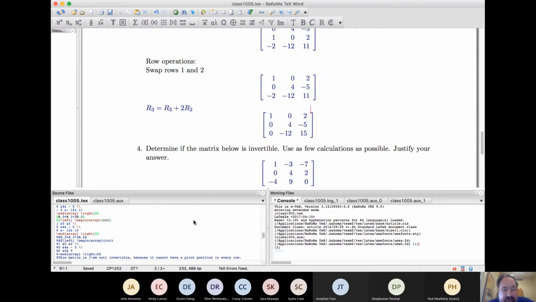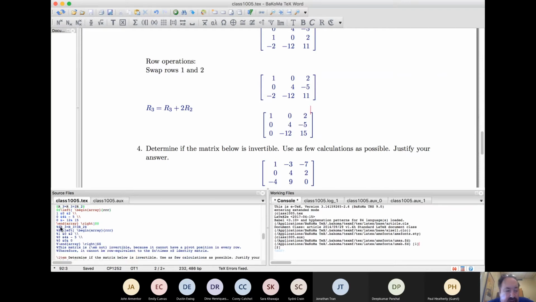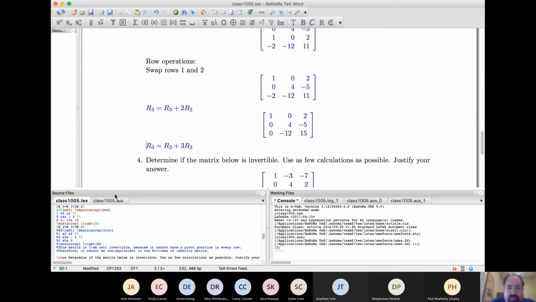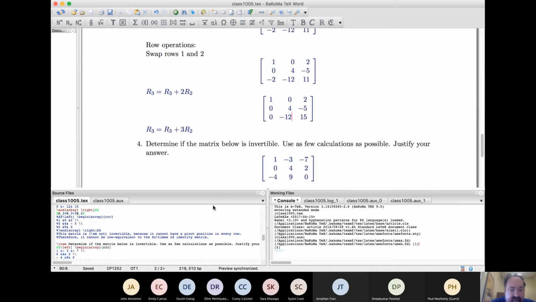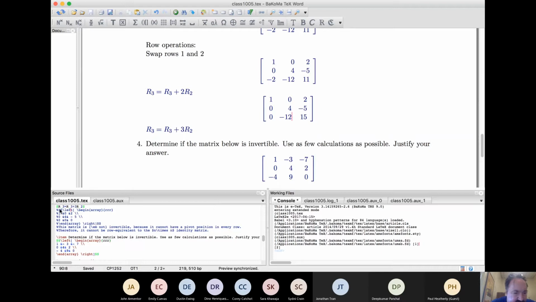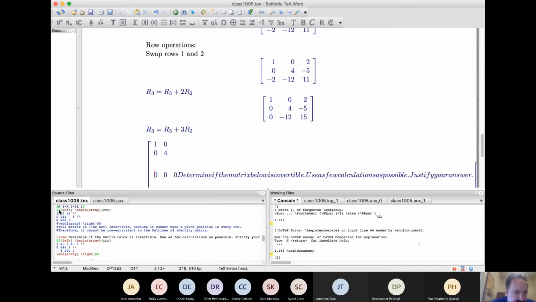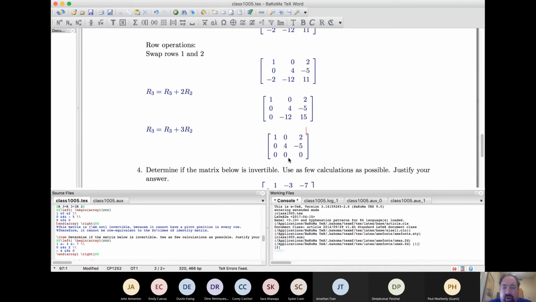And anytime you have that happen, that means not invertible, because in that situation, if you were to continue with row operations, so I go ahead and perform the operation to eliminate this element, then we get a row of all zeros, and we see that it's not invertible for that reason.